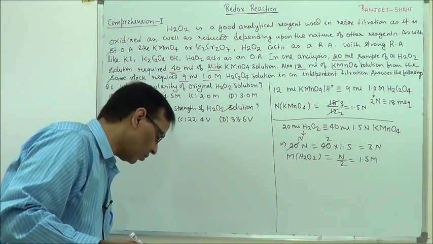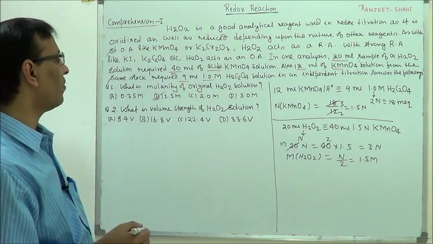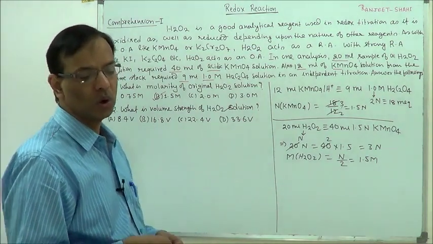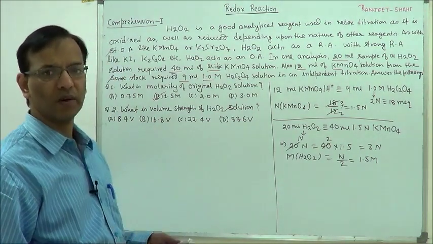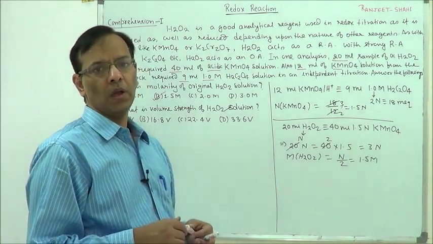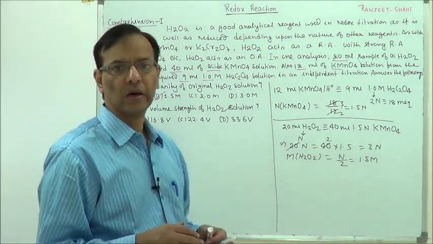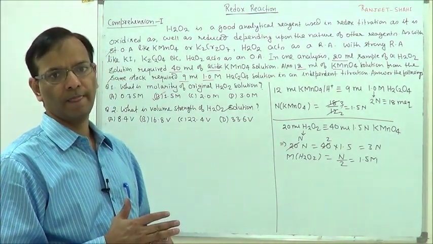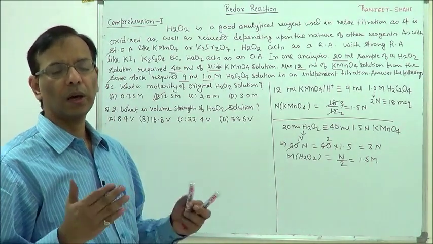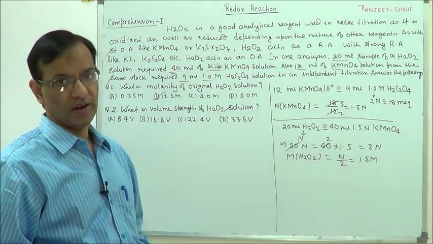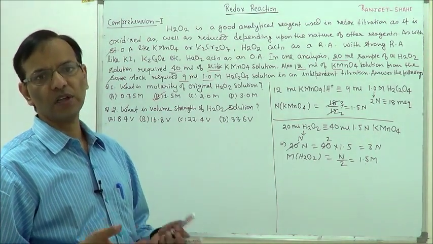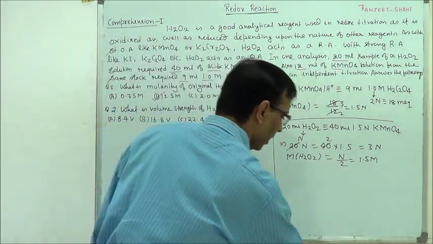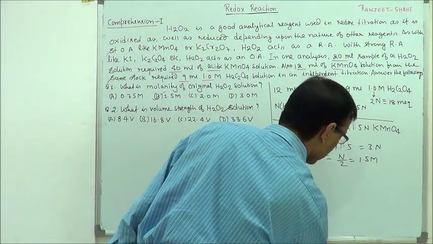Now this question is related to volume strength of H2O2. As we know, we have defined several times in this chapter that volume strength of H2O2 is the volume of oxygen gas measured under STP condition produced on complete decomposition of unit volume of H2O2. Based on this definition, we correlated the volume strength and normality of H2O2 in our previous lecture also.